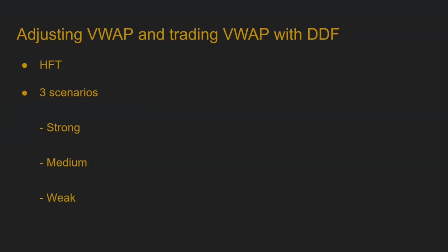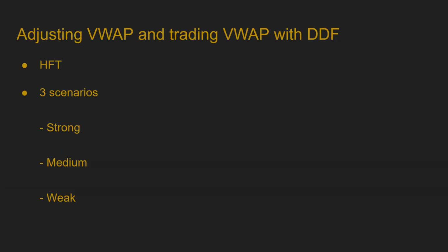So as soon as it touches the VWAP line, thousands of bots are going to go and enter a trade in the opposite direction. So if it's coming from below, hundreds of thousands of bots will sell. And if it's coming from above, hundreds of thousands of bots will buy. And why is that? Because they know it's an HFT, and they know that there's a high likelihood that it's going to bounce or reverse from the VWAP line.